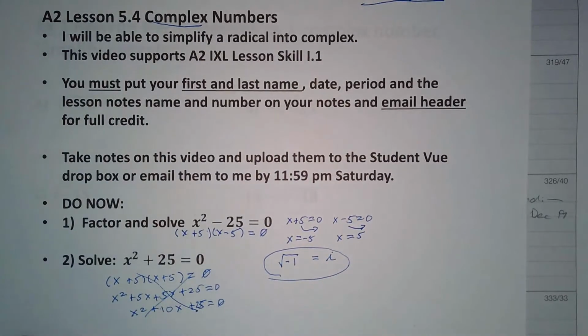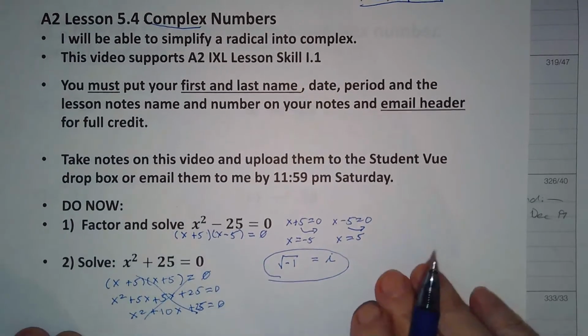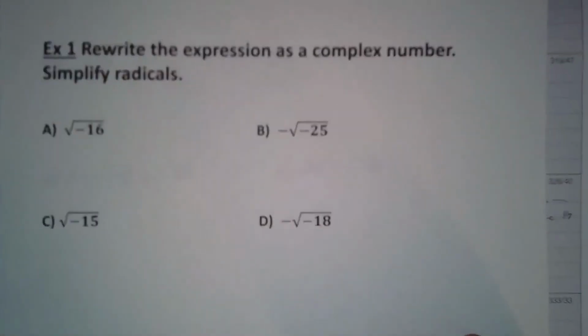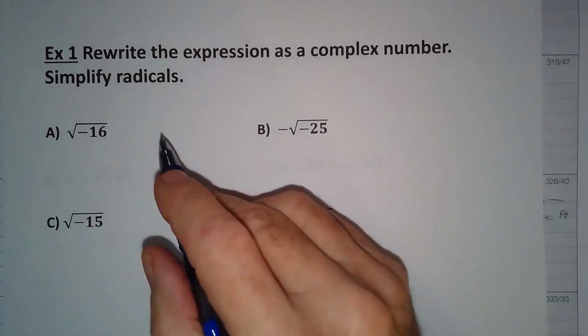This did not work. And we're able to factor things that have a negative in them when we are going through these. So we're going to see how this works. All right. So here's the first one that we've got here.